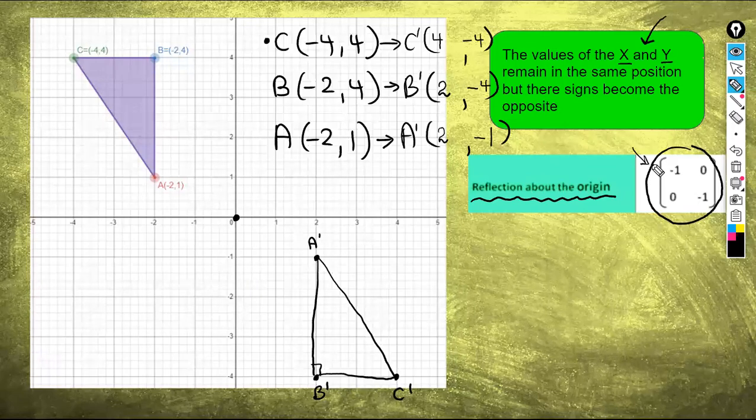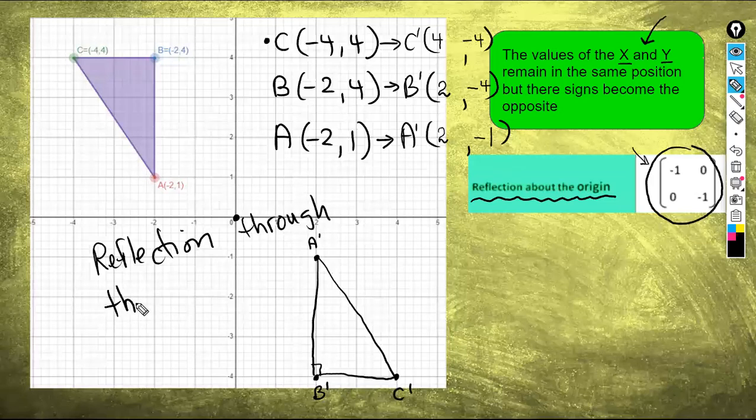Right, so this one is easy too, once you remember the note. So everyone take down the note. This is a reflection through the origin.